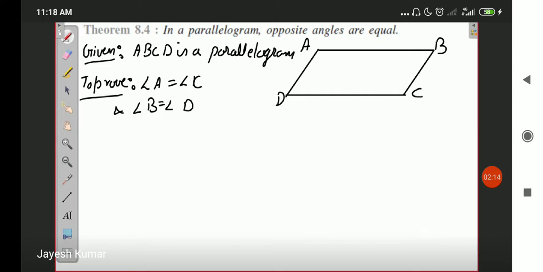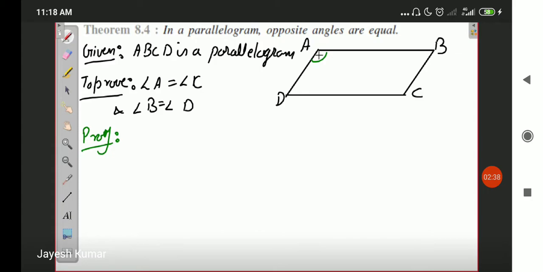The other way is by using the properties that we have discussed in the chapter lines and angles. First of all, let me indicate what I am going to do, then I will write down the proof. First, I will say that line AB and DC are parallel.